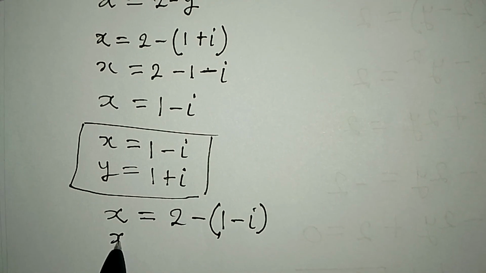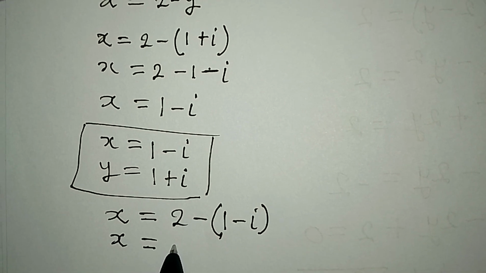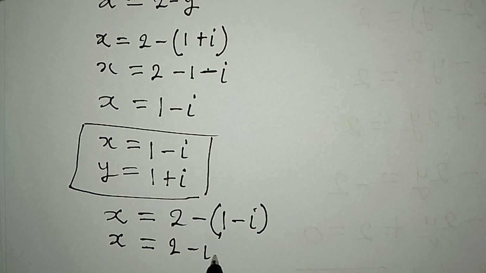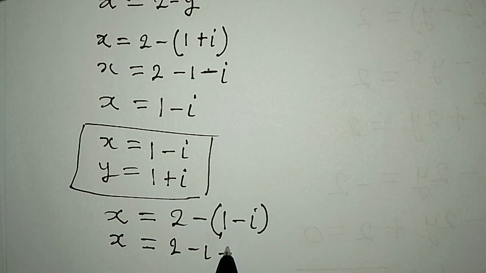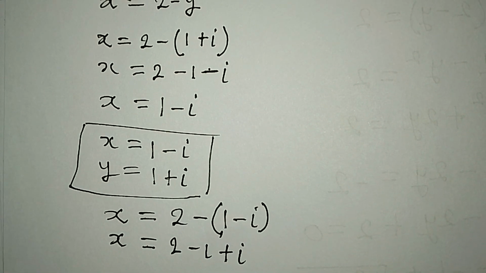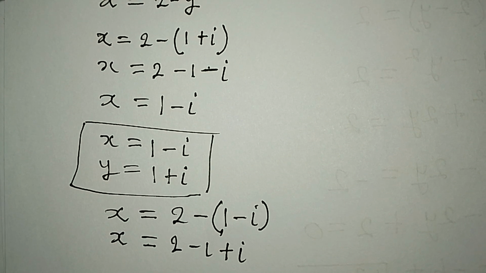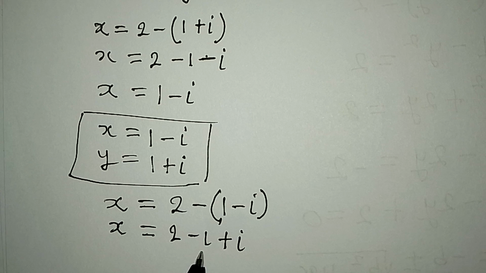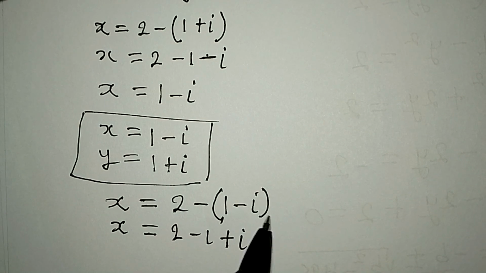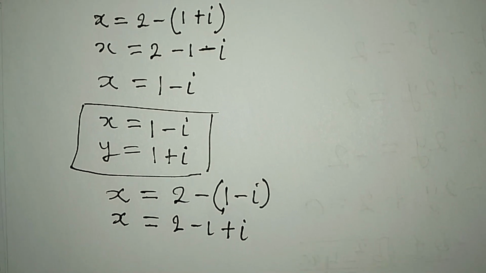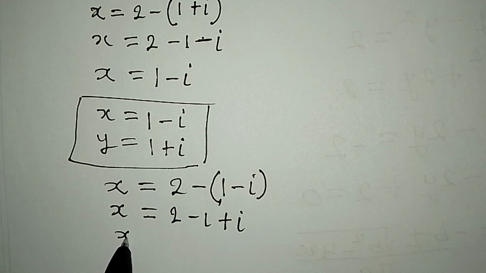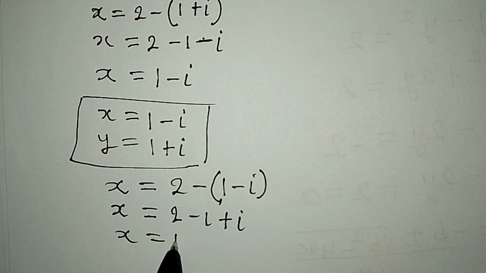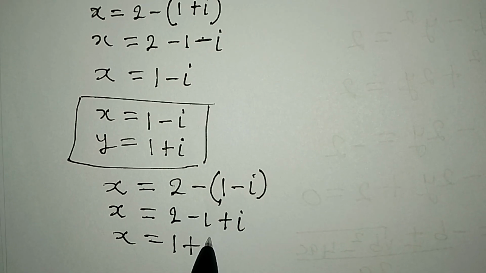Then x is equal to 2 minus 1, and minus turns to plus i. And I want to believe you know how I got the plus i. Negative times 1 is negative 1, and negative times negative i is positive i. So this means that x is equal to 1 plus i.